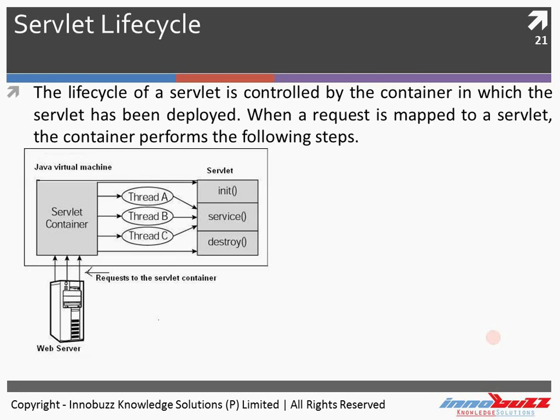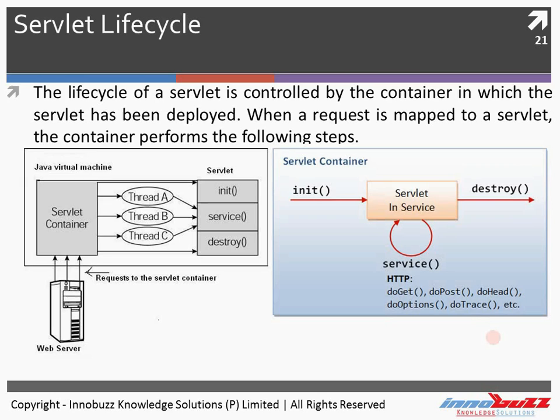Every time the server receives a request for a servlet, the server spawns a new thread and calls the service method. The service method checks the HTTP request type, whether it is a get, post, put, or any of these methods of HTTP, and calls doGet, doPost, or doDelete methods appropriately.